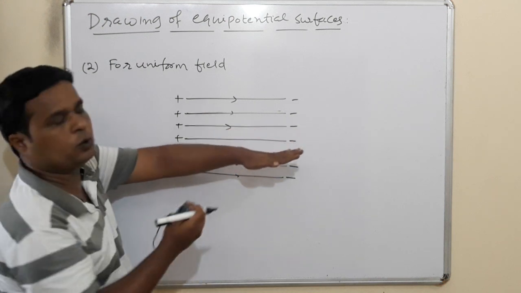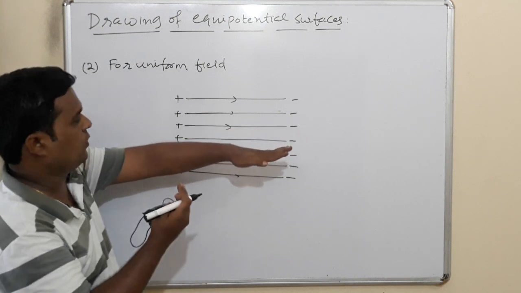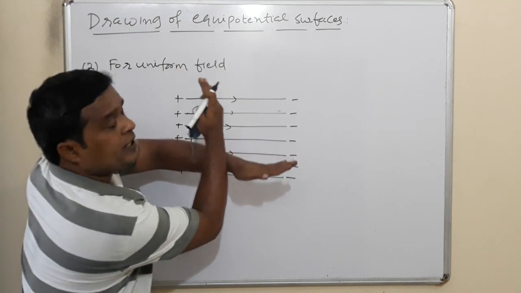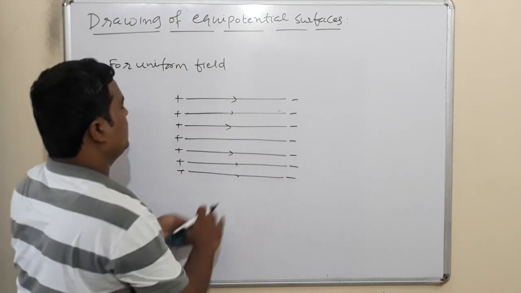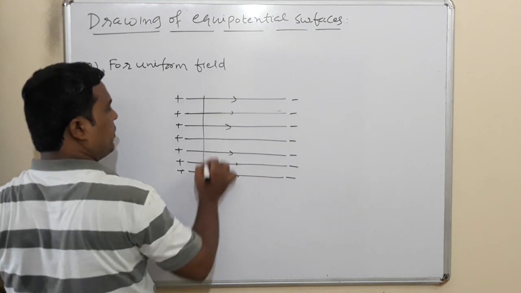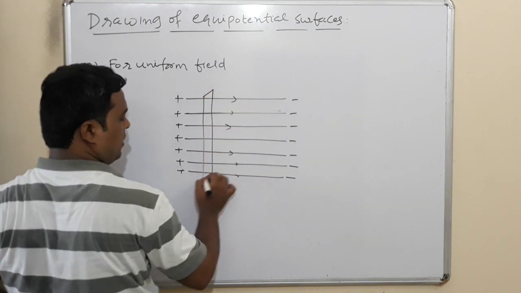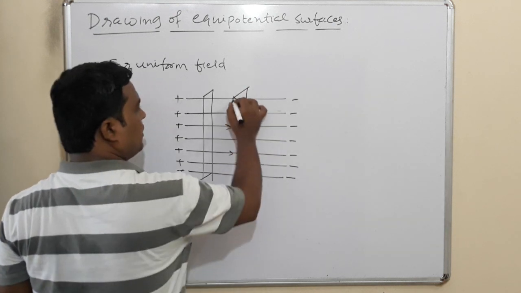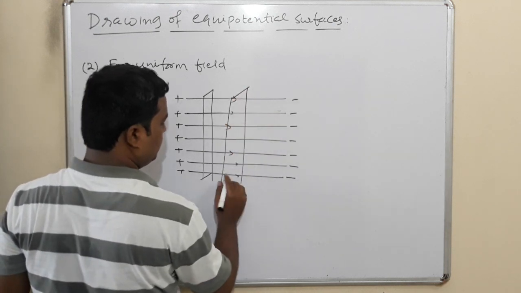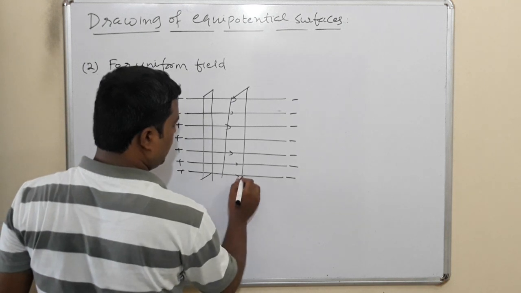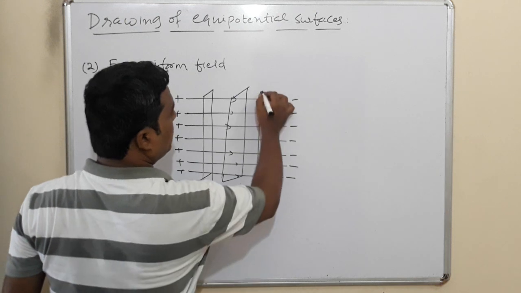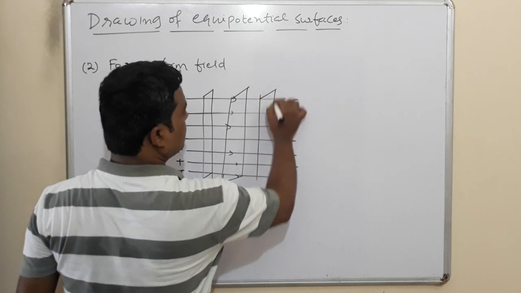Equipotential surface, I told you in one of the properties, the second property we discussed, is that an equipotential surface will always be perpendicular to the direction of the electric field. See, if I want to draw an equipotential surface here, I will draw it like this. If I want to draw it here, this will be another equipotential surface, and this will be another equipotential surface like this.